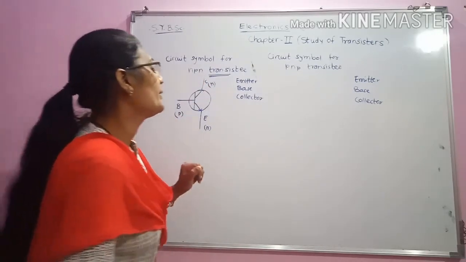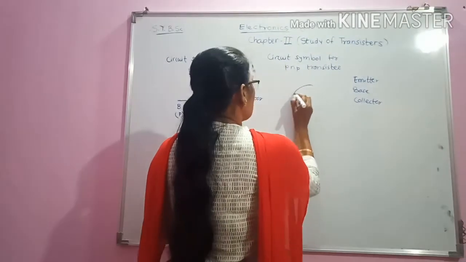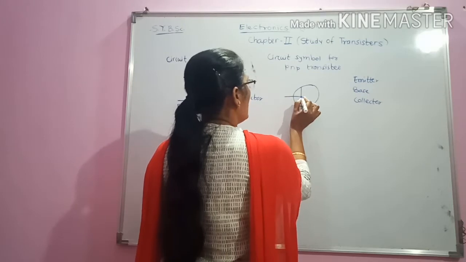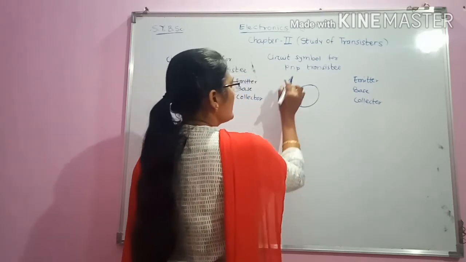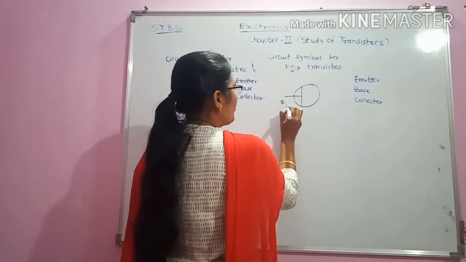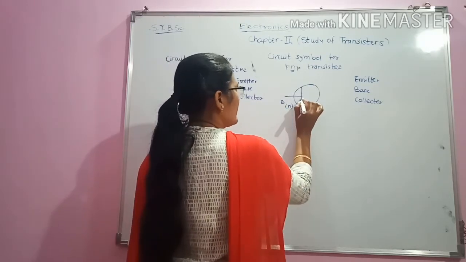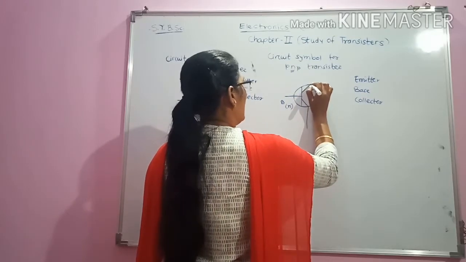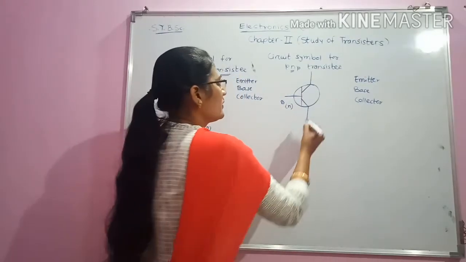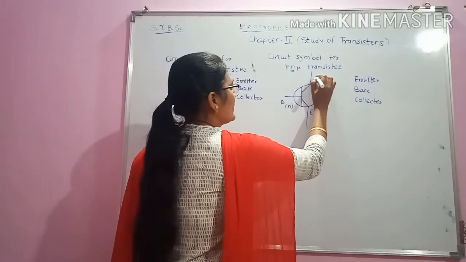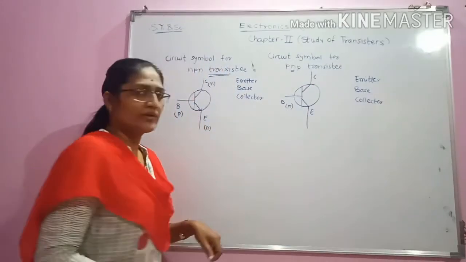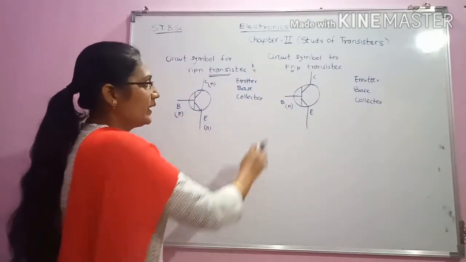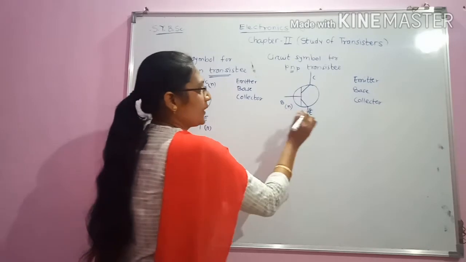In the case of the PNP transistor, again we will have three terminals. One is the base. Here, the base is made up of N type material, and this portion is called the emitter and this is the collector. These are the three terminals which the transistor has.